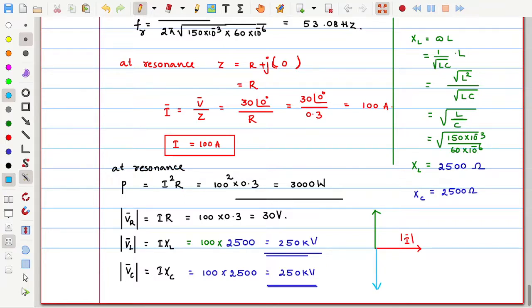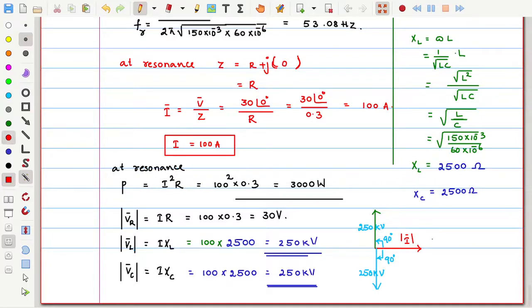Because of its nature, the angle of the inductor voltage is plus 90, and the angle of the capacitor voltage is minus 90. As a result, this is 250 kV upward, this is 250 kV downward. So the net voltage is what? 0 voltage.